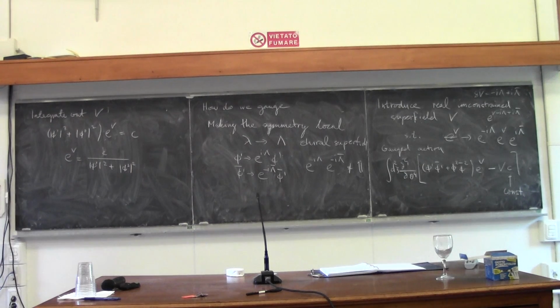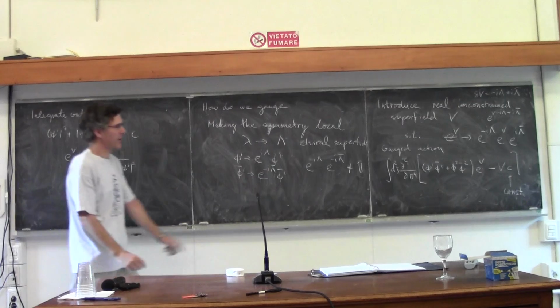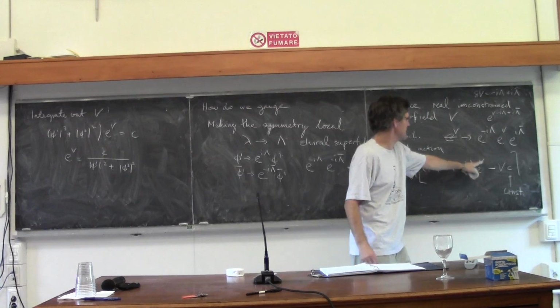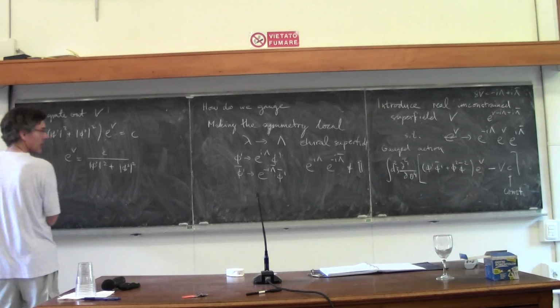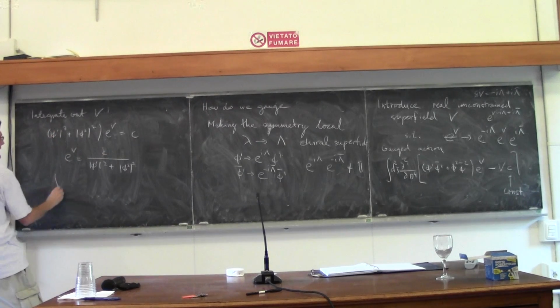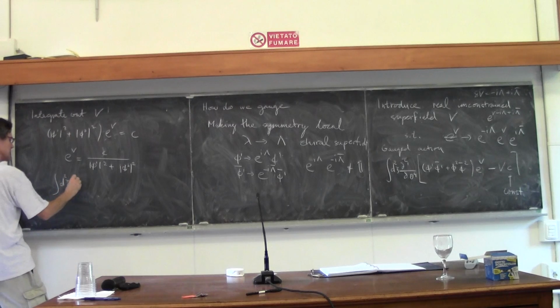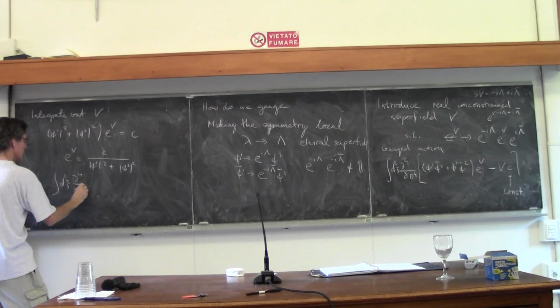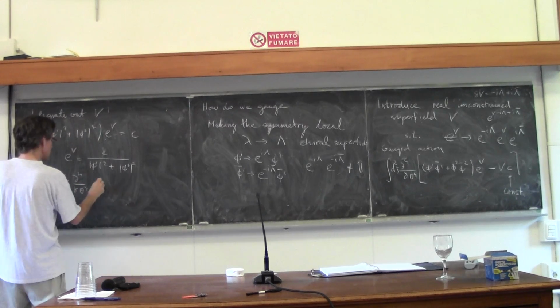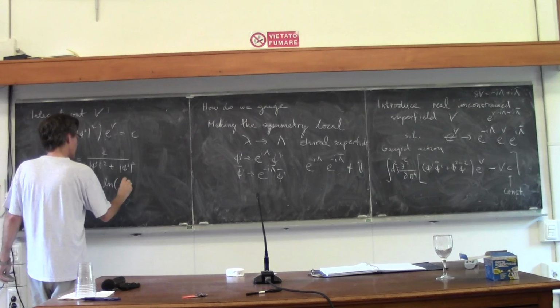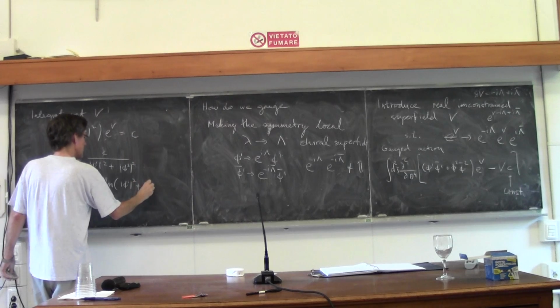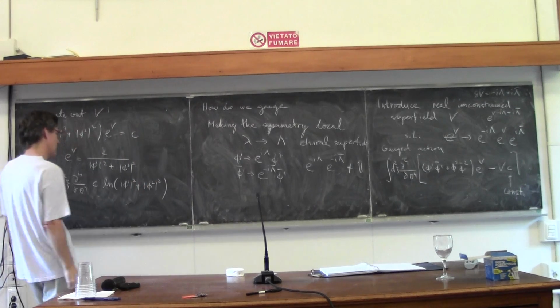Right, so e to the V is this, and when you plug it back, you see this term is just a constant. The action will be the integral of d4 theta, there's a c, and there's a log of phi1 squared plus phi2 squared.